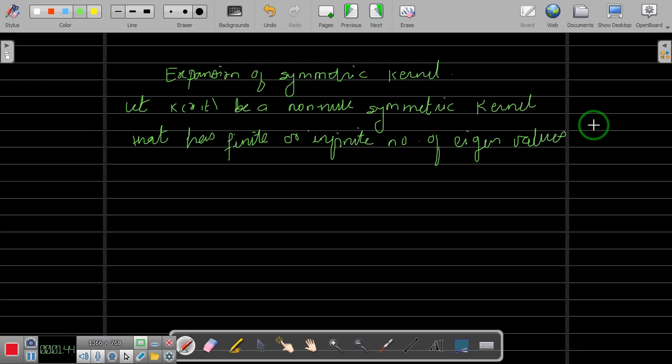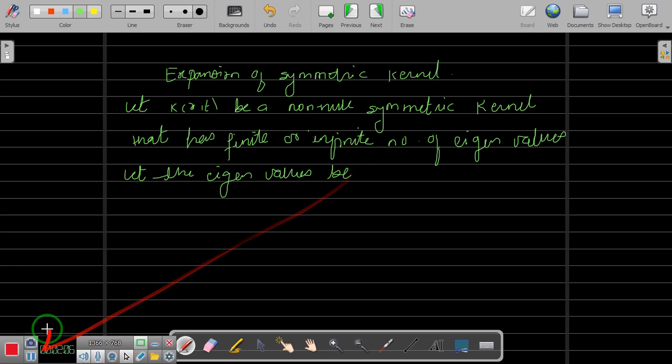You consider a case where you are taking infinite number of eigenvalues and then you truncate it. That can be done. So let the eigenvalues be denoted like this, and of course we will have some condition on this: lambda 1, lambda 2, lambda 3, and so on.